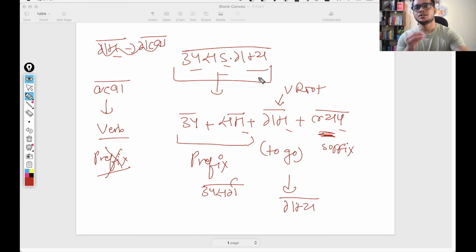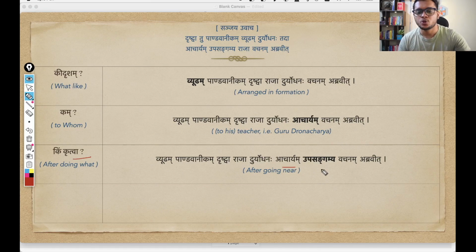Its meaning is after going near to, or having gone near to. Acharyam upsangamya: after going near to his teacher. He might have been standing away from his teacher, he saw the army and then he went near his teacher and spoke these words. This is Kim Kritva Acharyam upsangamya, having gone near to his teacher.